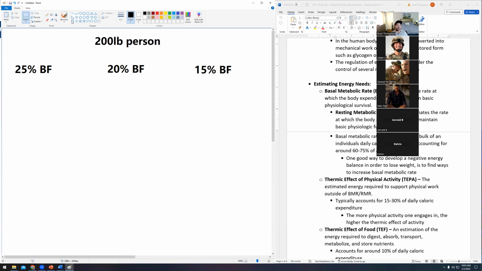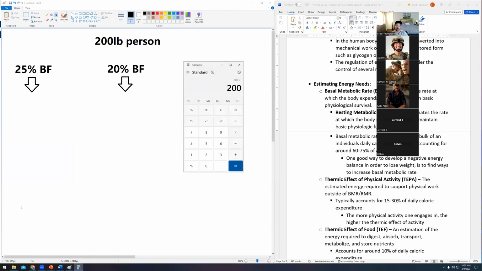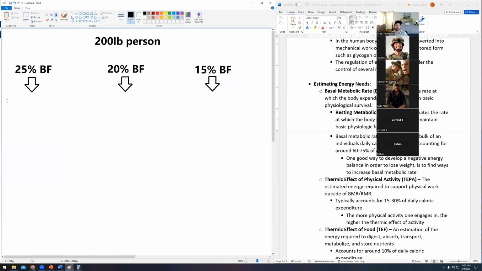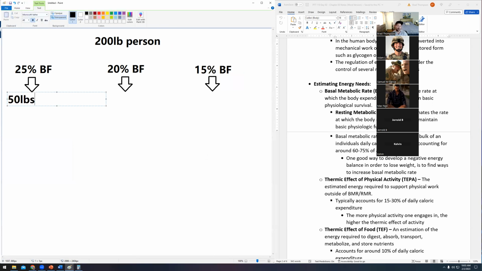Now, in this version here, we can figure that out. So 25% of the tissue of their body is fat, and the remaining is their lean body mass. So that is going to be 200 times 0.25. That's 50 pounds fat mass and 150 pounds lean body mass.